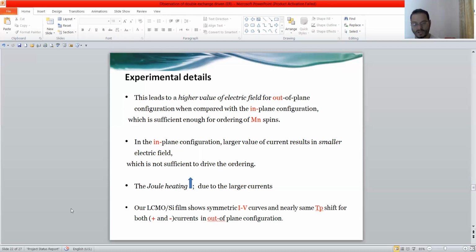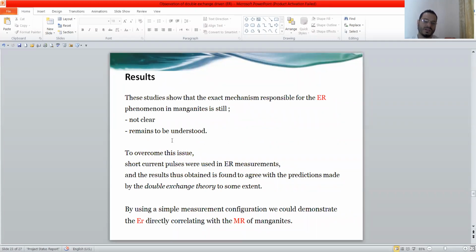In the out of plane configuration, there is some similarity between positive and negative currents in the IV curves. Here are the results. These studies show that the exact mechanism responsible for the electric resistance phenomena in manganites is still not clear and remains to be understood.